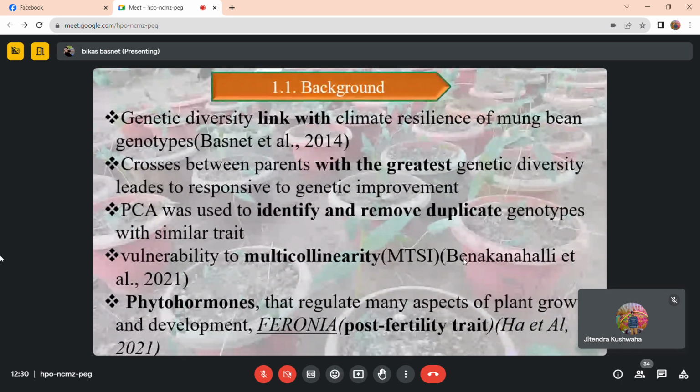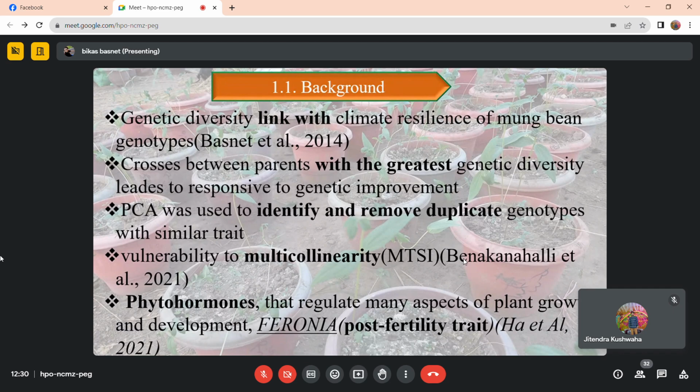Crosses between parents with the greatest genetic diversity are necessary to study and to improve any germplasm. And there are many techniques that I use for selection of phenotypic traits, especially principal component analysis, which is used to identify and remove duplicate genotypes with similar phenotypes.